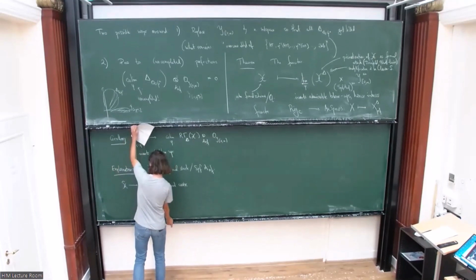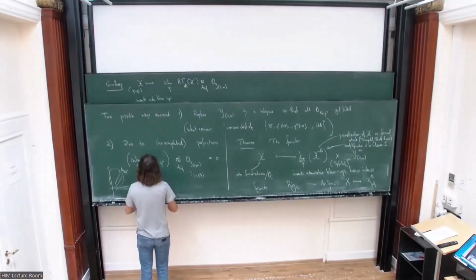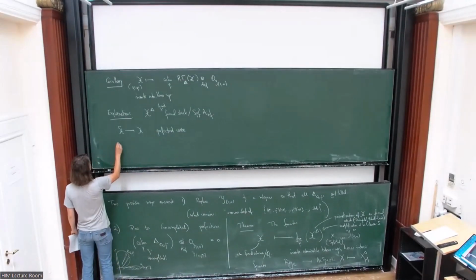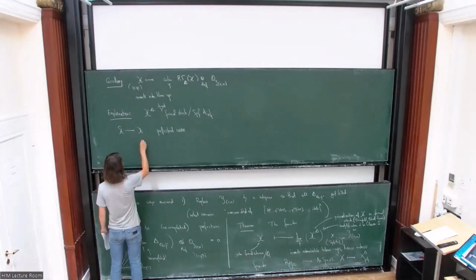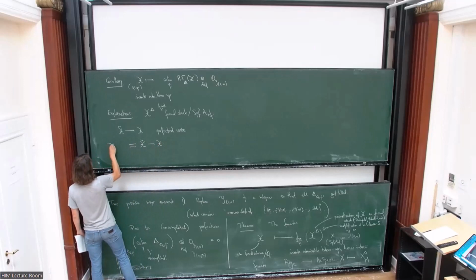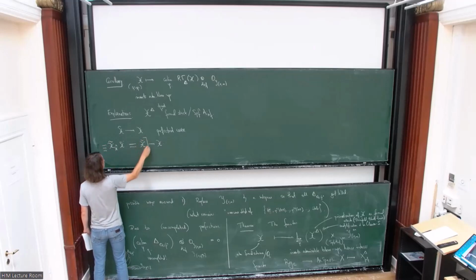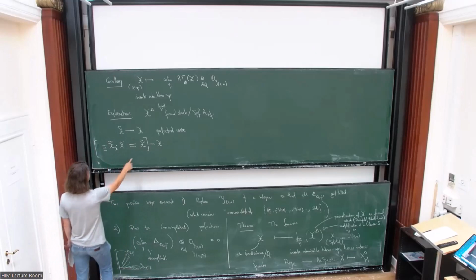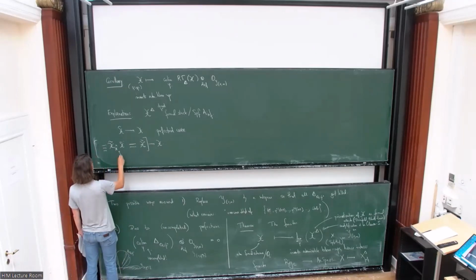Then you get this diagram where you cover X in terms of perfectoids, where this guy here is perfectoid, and these are so-called semi-perfectoid guys.